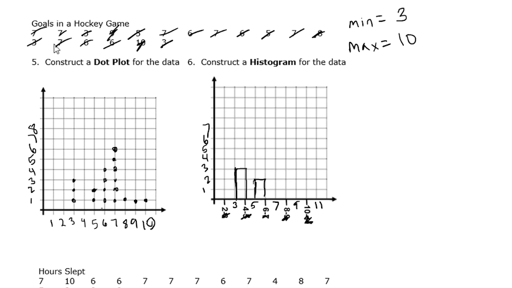Between 6 and 7, so that's 6 but not 7, we have 4. 7 to 8, we have 6. 8 to 9, that's 8 but not 9, so that's 1. Same thing with 9 to 10, and 10 but not 11. Okay, there's our histogram.